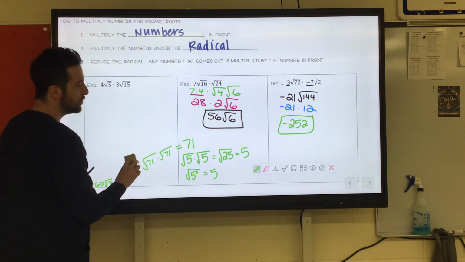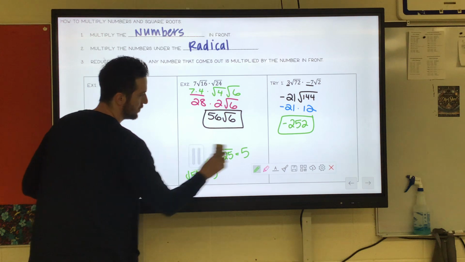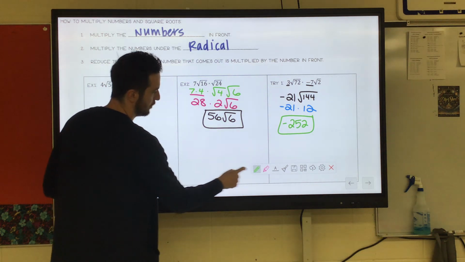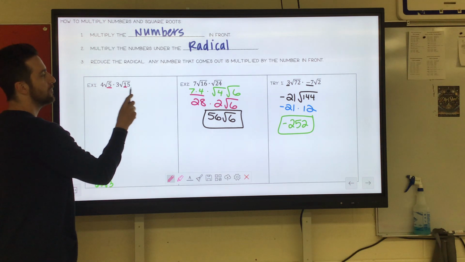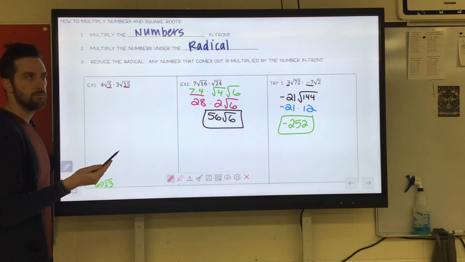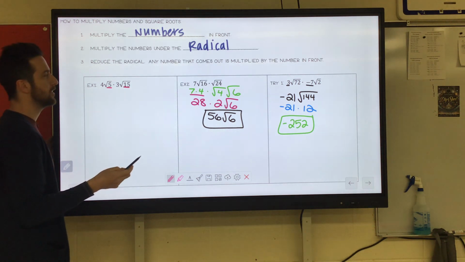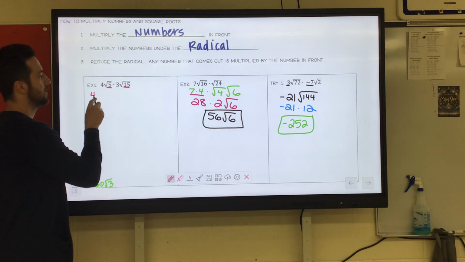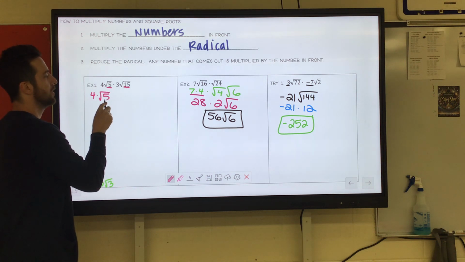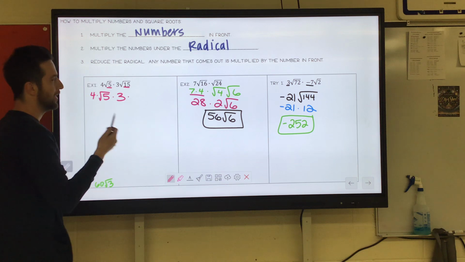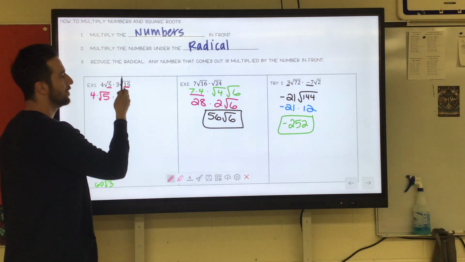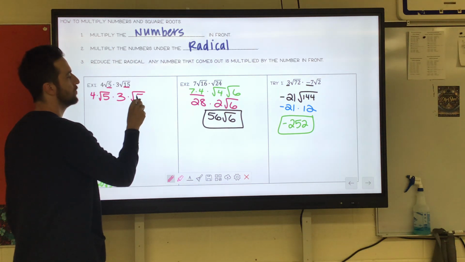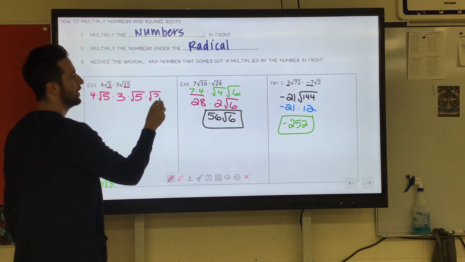But when I'm doing something like number 1 myself, I think, hey, do 5 and 15 have anything in common? Yeah, 5 goes into 15. So we have 4 times the square root of 5 times 3. And even though 5 is not a perfect square, in my head, I'll think of 15 as 5 times 3.